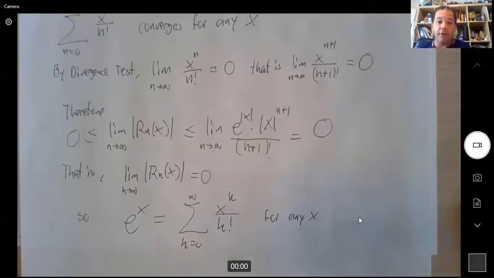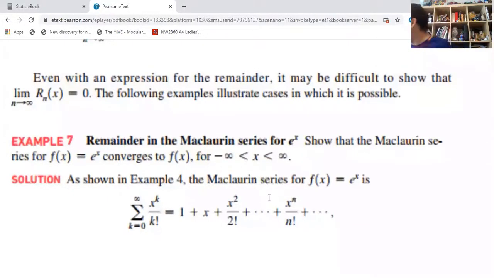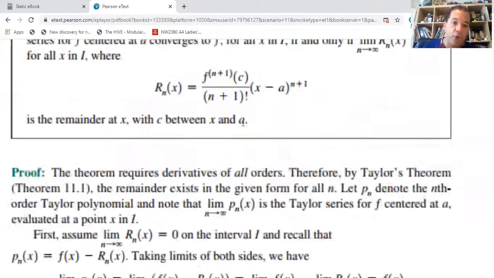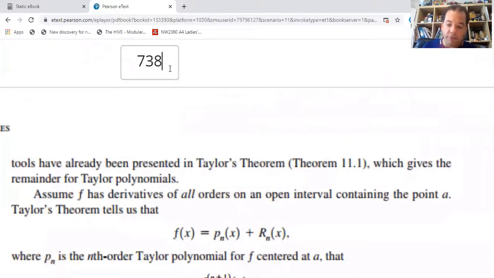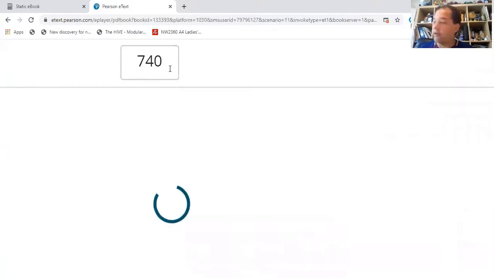The important thing for you to know now is, I want to show you a page from the book that I think is important that you start familiarizing yourselves with. On page 740 of our book, there's a table of the important Taylor or Maclaurin series that we worked on.